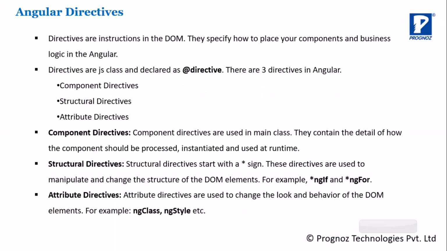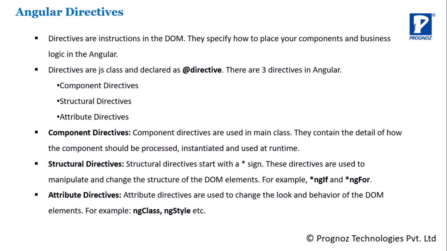The directives always give the instruction to the DOM where we are defining the different types of element, how to place your component or how to place your business logic in the application. That's why we are using the directive. The types of directive: component directive, structural, and attribute directive.